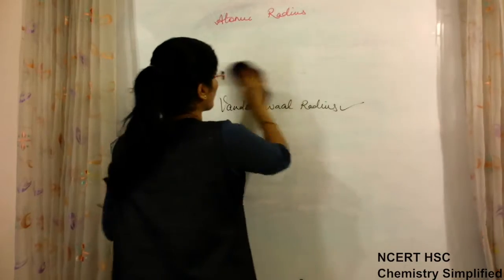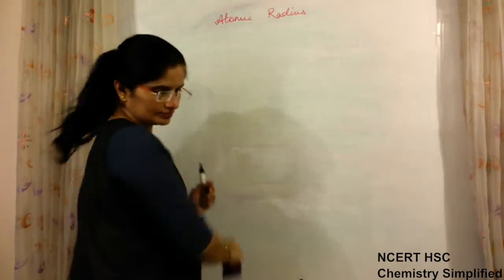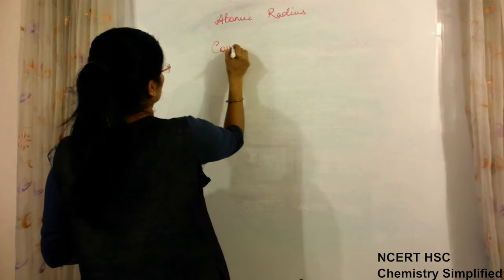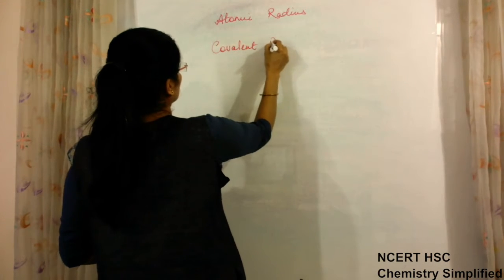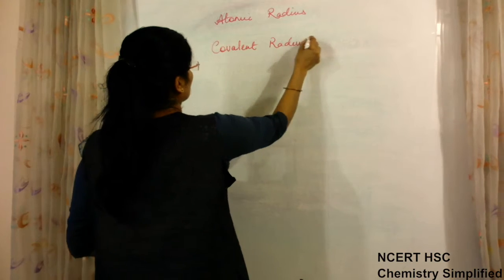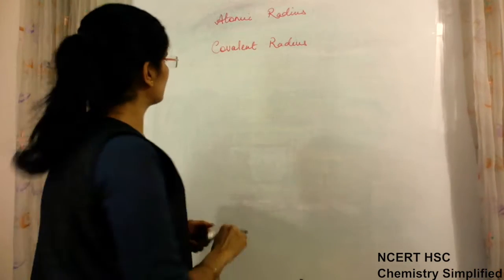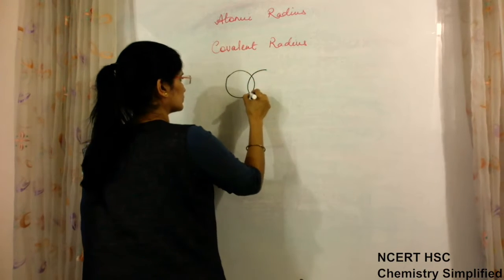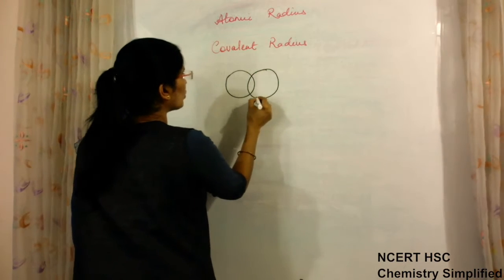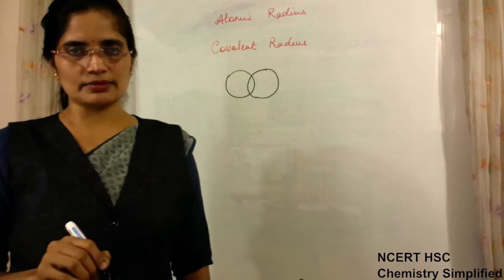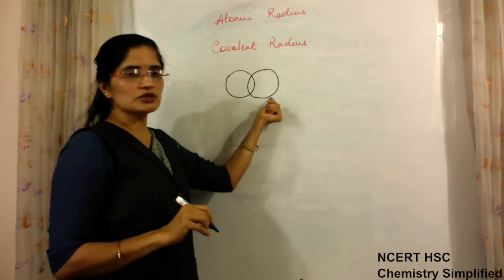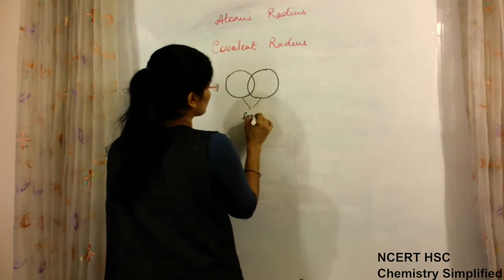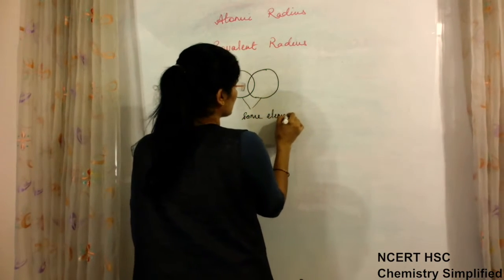First we talk about covalent radius. What is covalent radius? Whenever a covalent bond is formed between two atoms, the atoms which we are taking should be of the same element.